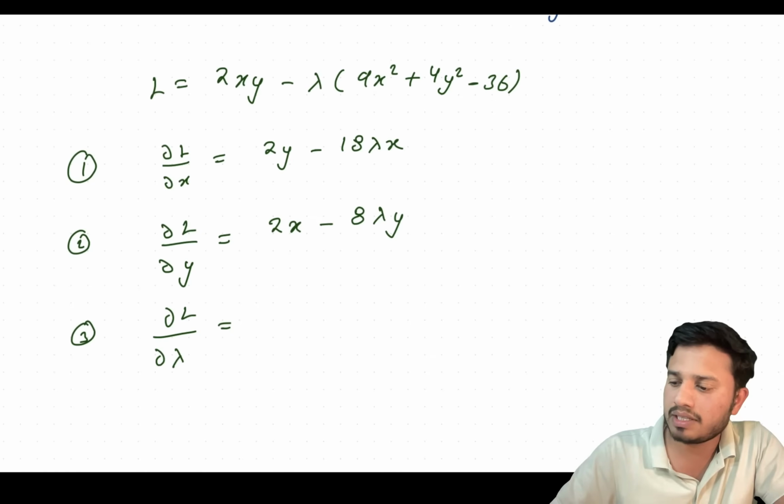So with respect to lambda, there will be minus times square y square, or it is not square, plus.